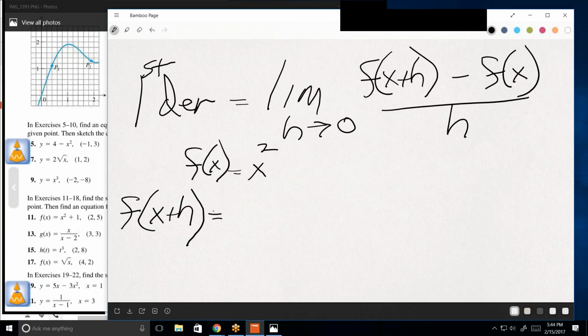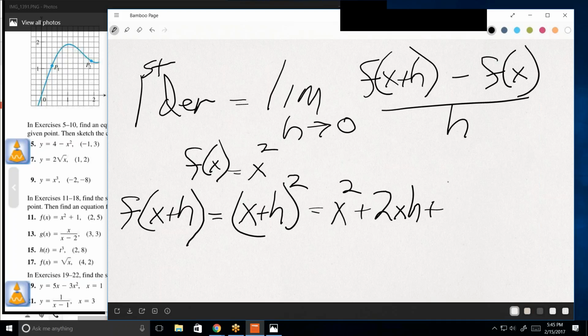Always the first step in doing problems this way is to figure out what f of x plus h is. And the formula you use is whatever is in the parentheses you plug in for x. Okay. x plus h quantity squared. What is that? That's x squared plus 2xh plus h squared. With me? Yes, because you just substitute.